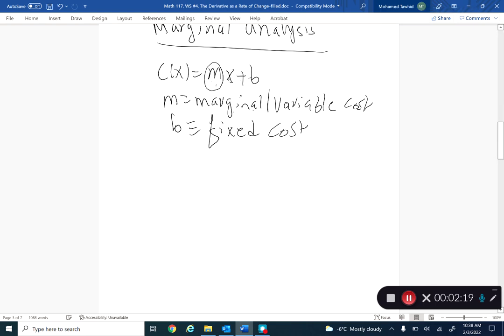So when x increases by 1 item or 1 product, what happens to your C, the cost? That is your m, the slope. If you recall what I said last time, 2x plus 1, when x increased by 1 unit, your y is increased by how many units? 2 units. Why? Because that's our positive slope. Right? So here it's the same.